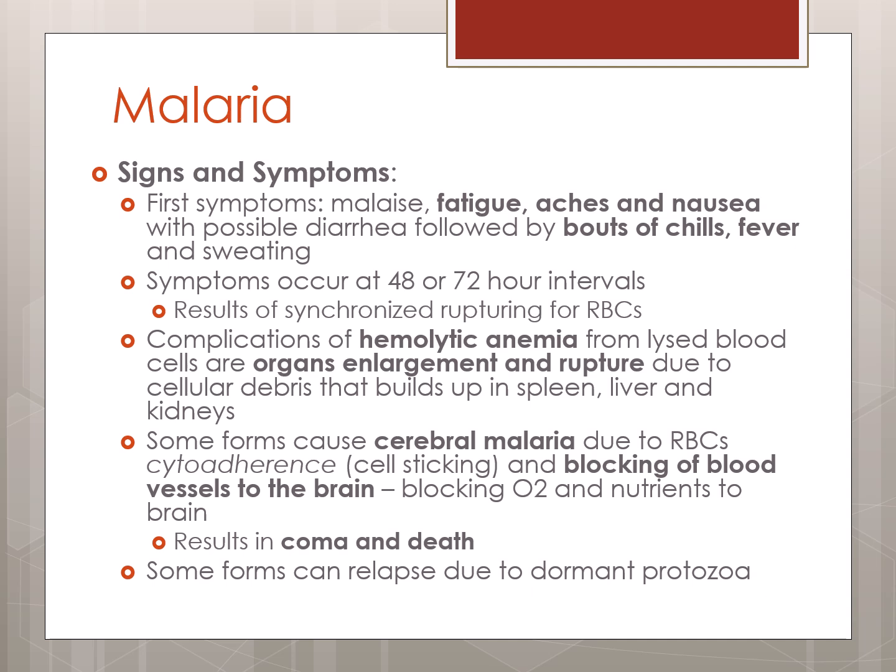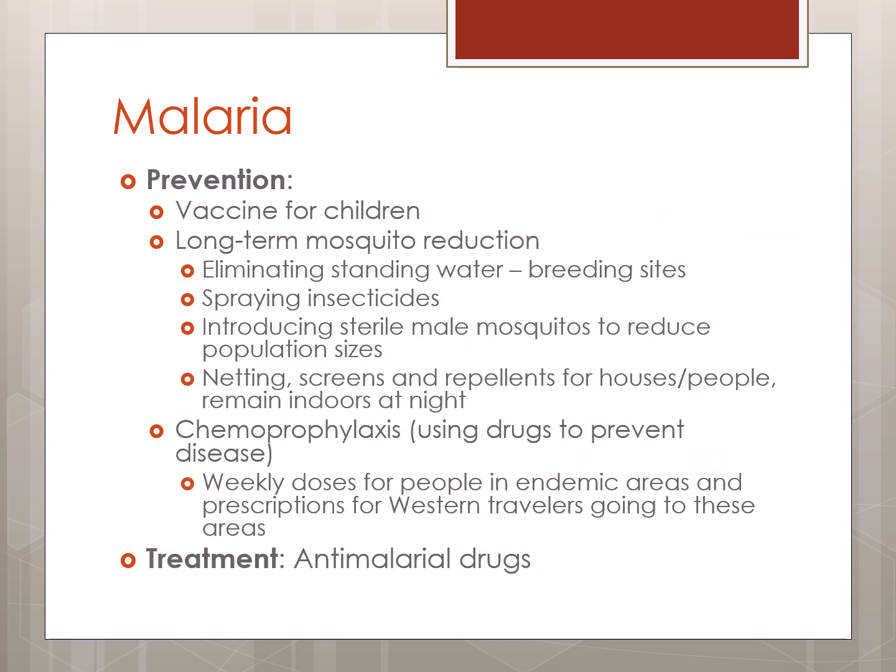Some forms can cause cerebral malaria due to the red blood cells sticking, and it blocks blood vessels to the brain, which can result in coma and death. So kind of a bit of a scary situation when it comes to malaria. There is a vaccine to prevent malaria.